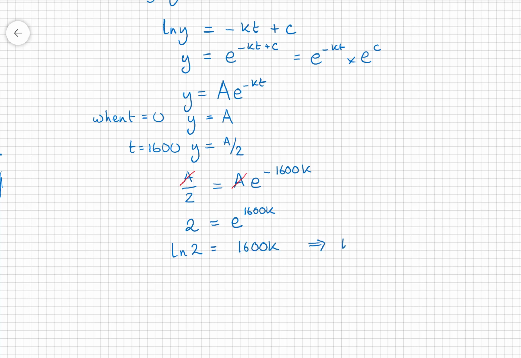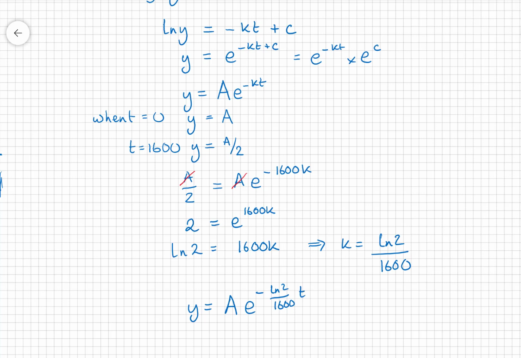and k is then going to be ln 2 over 1600, which we can now put into our general solution to find the particular solution. y equals a e to the minus ln 2 over 1600 times t.